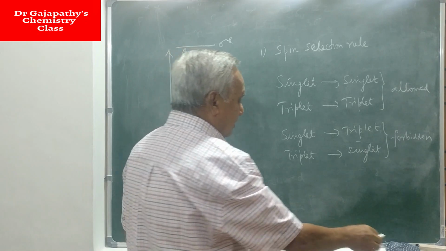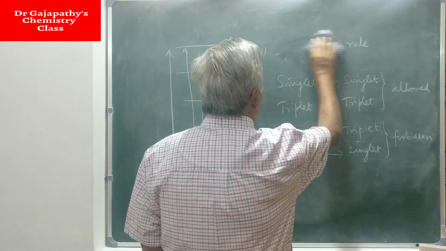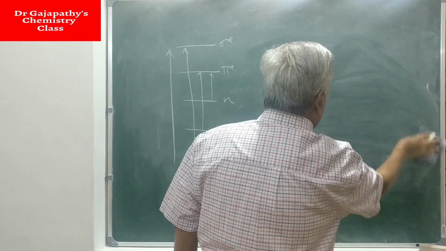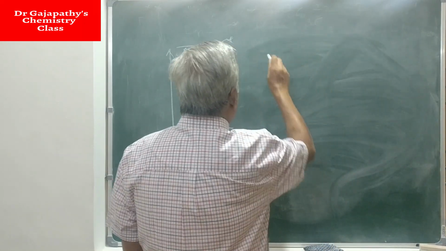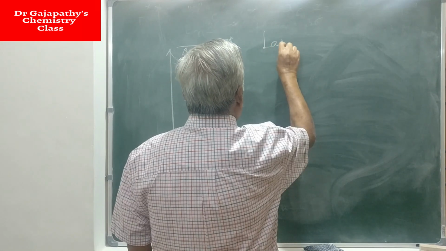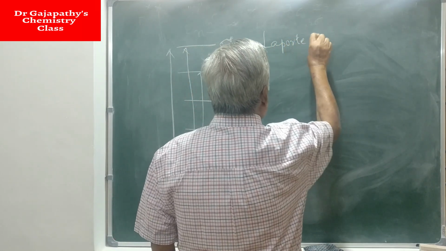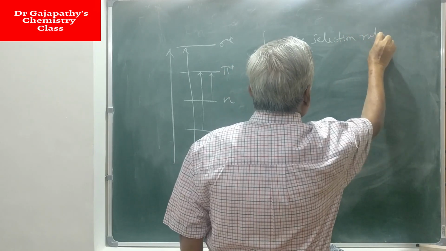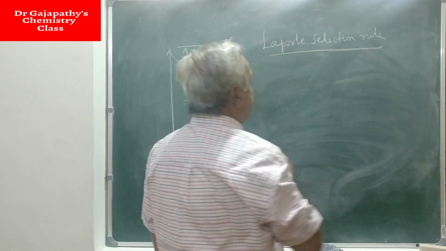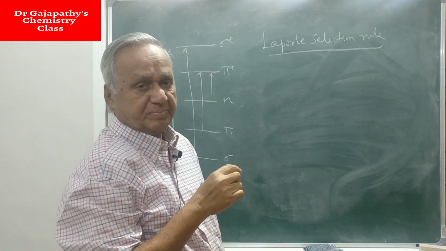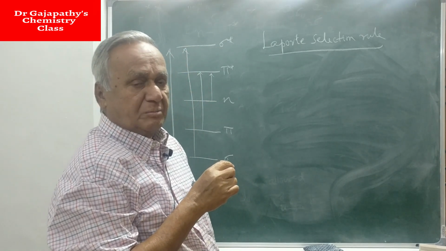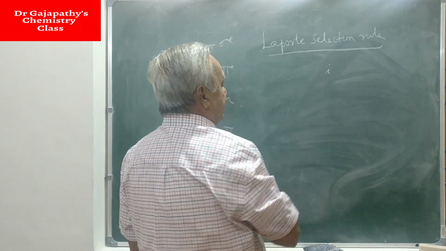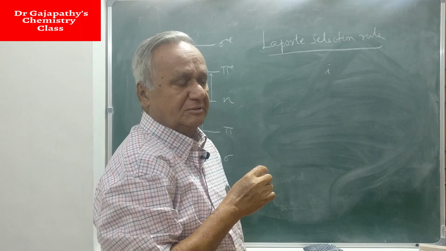The next selection rule is what is called a Laporte selection rule. In molecules containing a central symmetry, an i is there in the molecule.